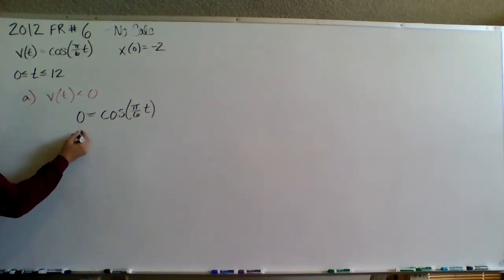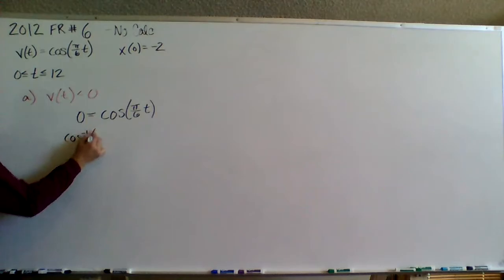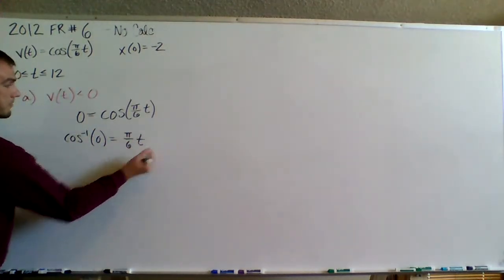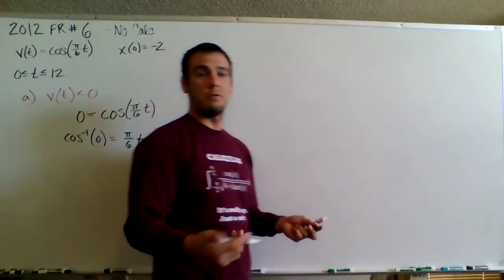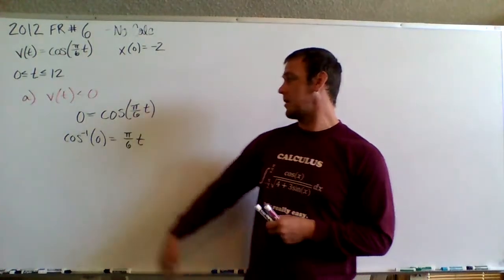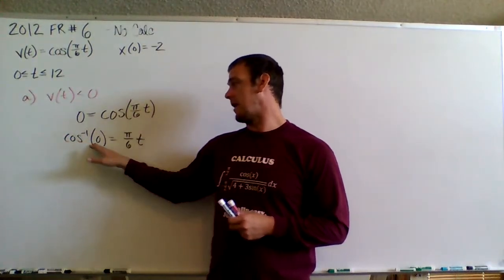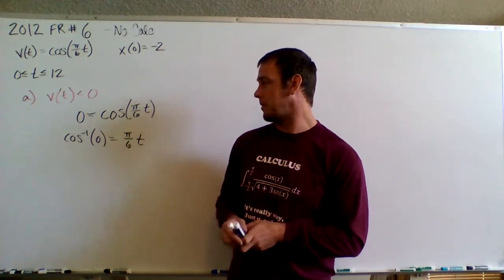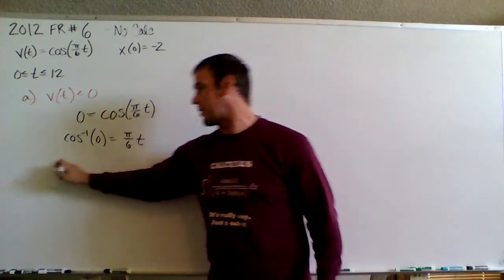If I solve this algebraically, I'm going to take cosine inverse of both sides. Cosine inverse of 0 is going to equal pi over 6t. Now this is really asking, when is our cosine value going to be 0? It's going to happen at a couple of different places.